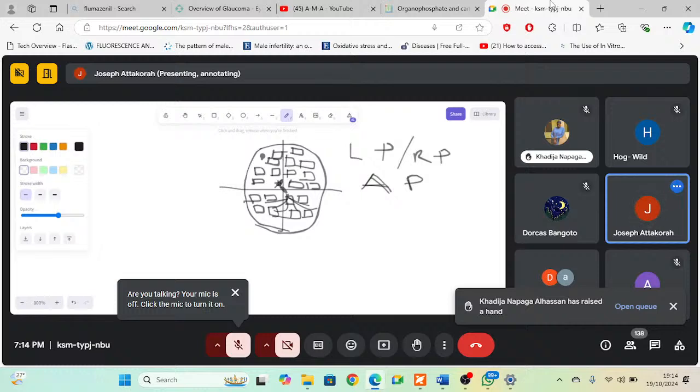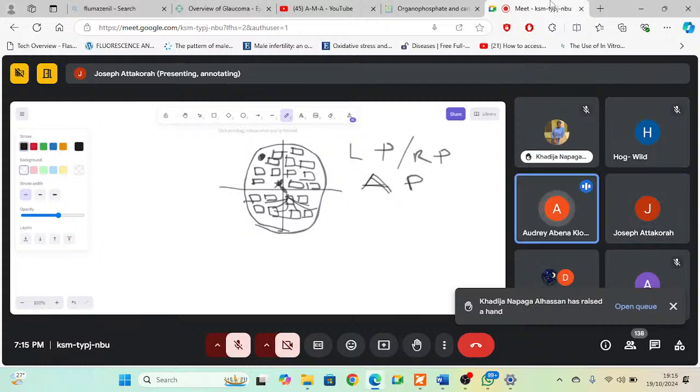Understand this. Can you see the board? So this is the sinoatrial node.